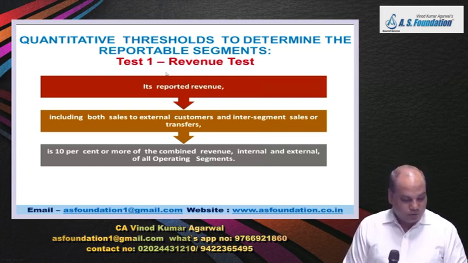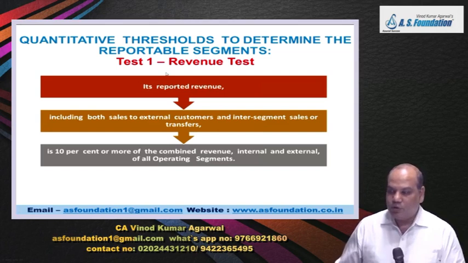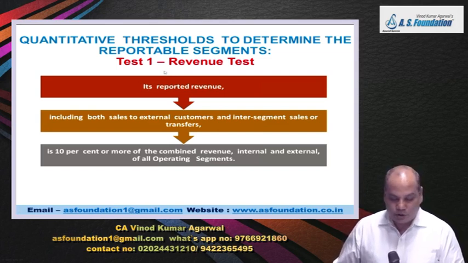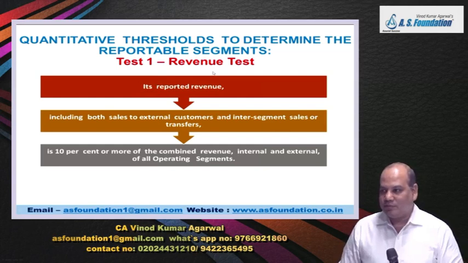Okay. So now first you come to paragraph number 2, where it is mentioned below in paragraph 2, revenue test. What do you mean by revenue test? Revenue is an important indicator of significance of a segment.